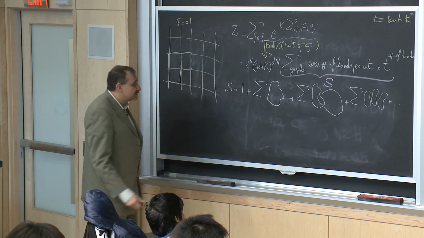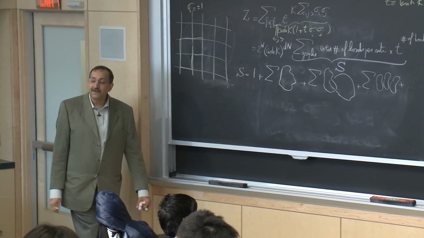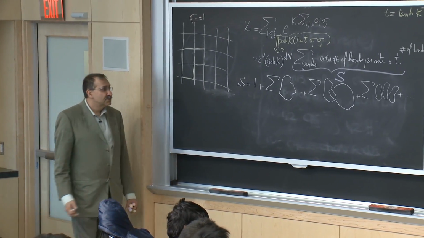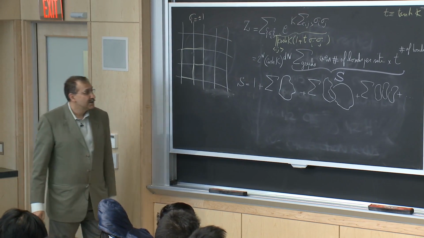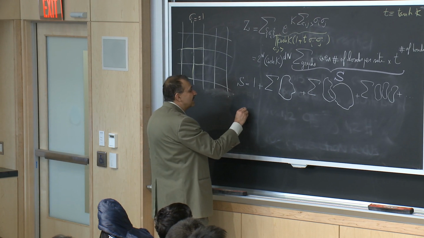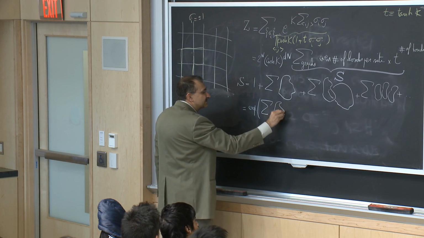Now, based on what we have seen before, it is very tempting to exponentiate this sum and write it as the exponential of the sum over objects that have a single loop.